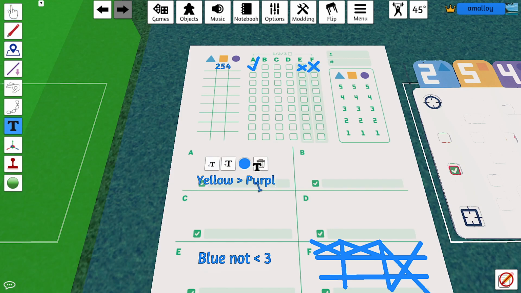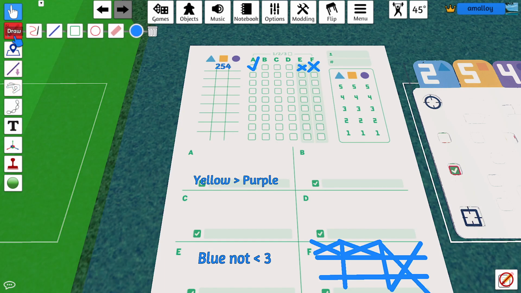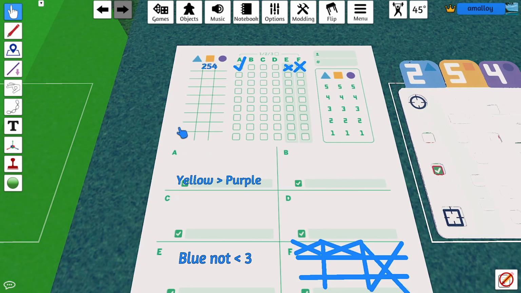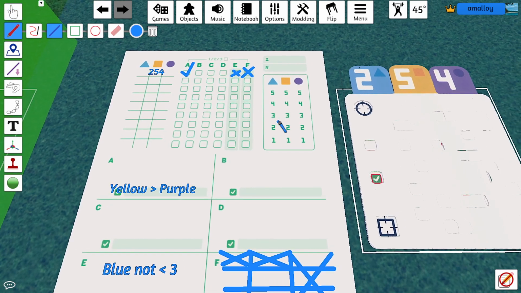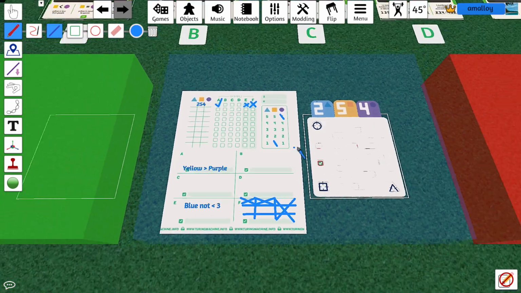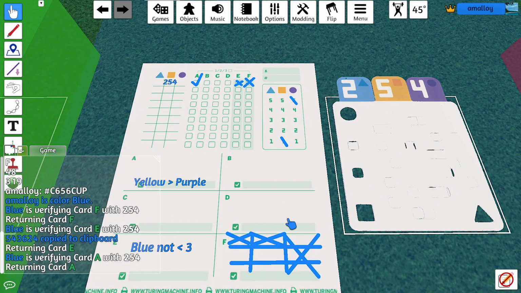Yellow, purple. Cool. And I guess we can say yellow can't be 1, purple can't be 5. Well, that's nice.